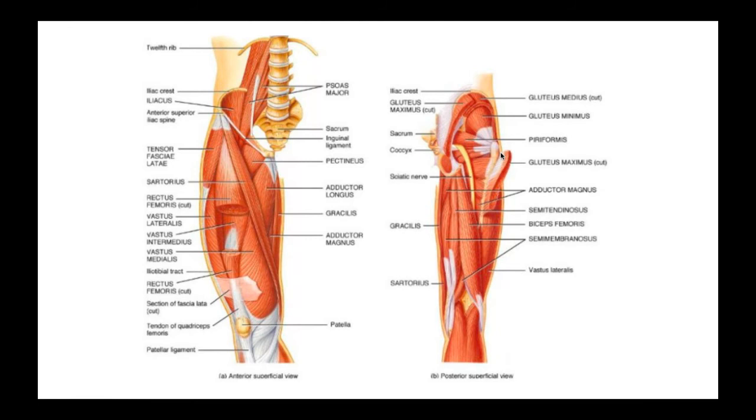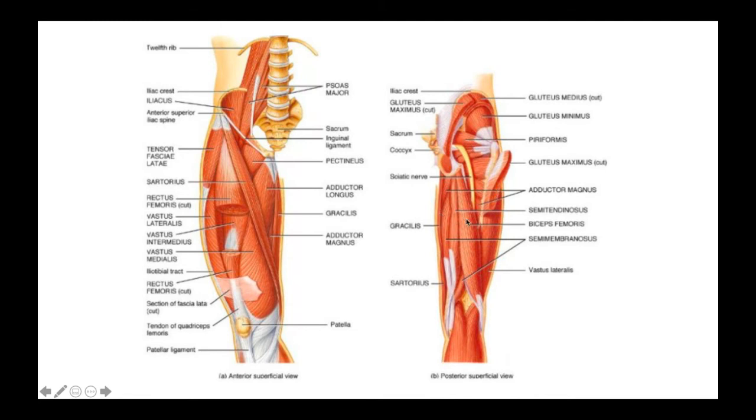The O's are for obturator internus and obturator externus. And then the Q is for quadratus femoris. Those are the 6 deep lateral rotators. They all attach to the greater trochanter, and they laterally or externally rotate your femur, or your thigh. When you externally rotate your thigh, your toes point outward.